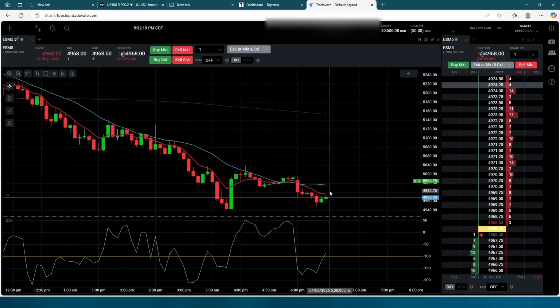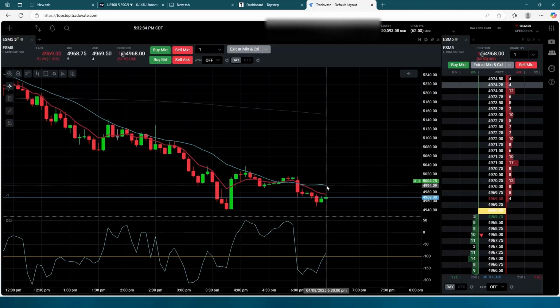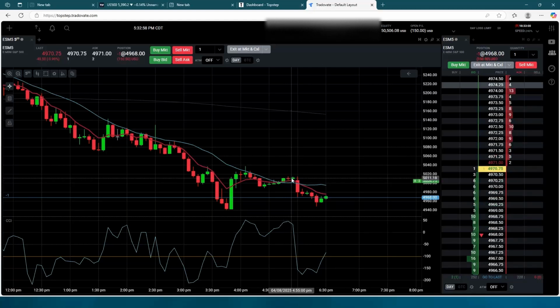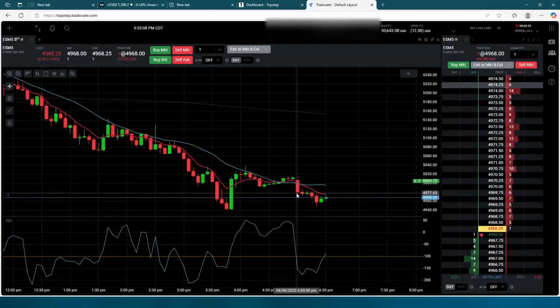Then I would say, all right, let me just get out and then see if we have maybe a push above, and then have something like this in this area where it kind of pushed up above the 8-period EMA and the 20-period moving average, and then we'll just wait to see if it closed below the 8-period again.